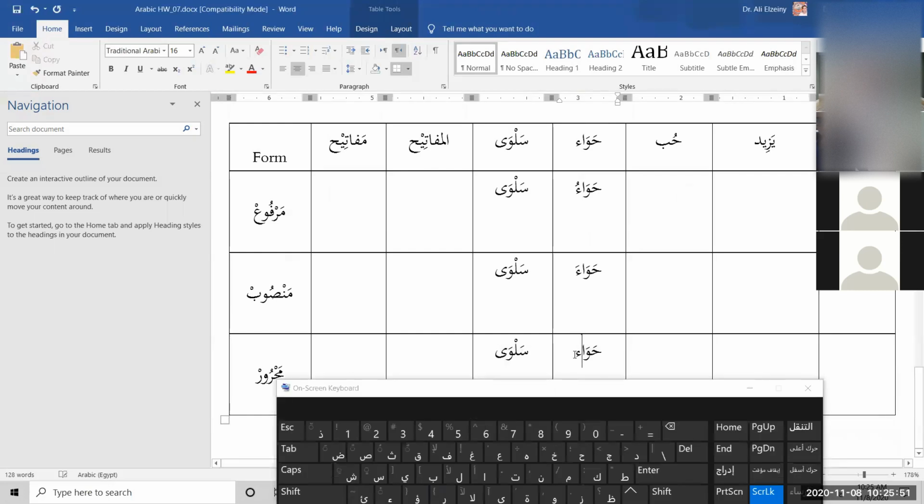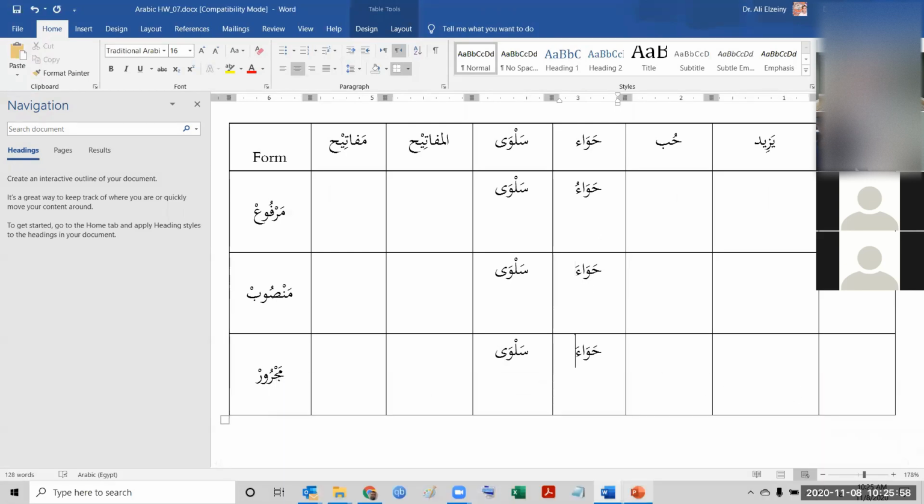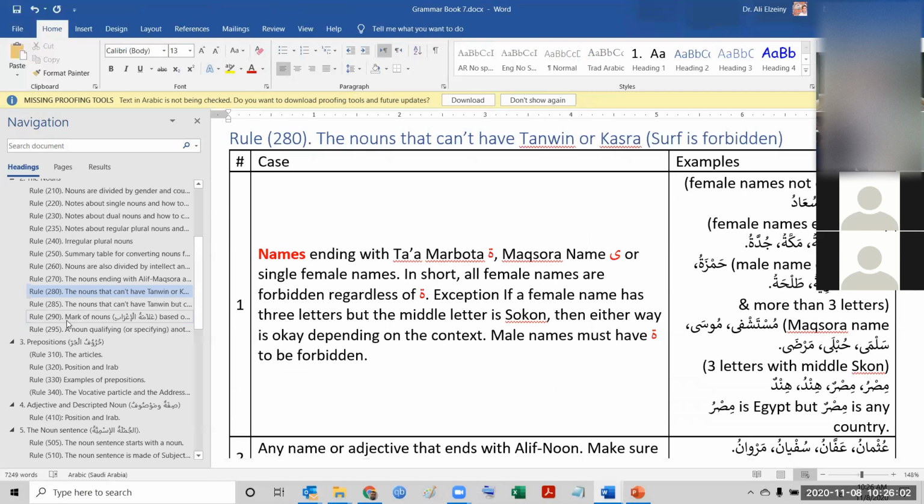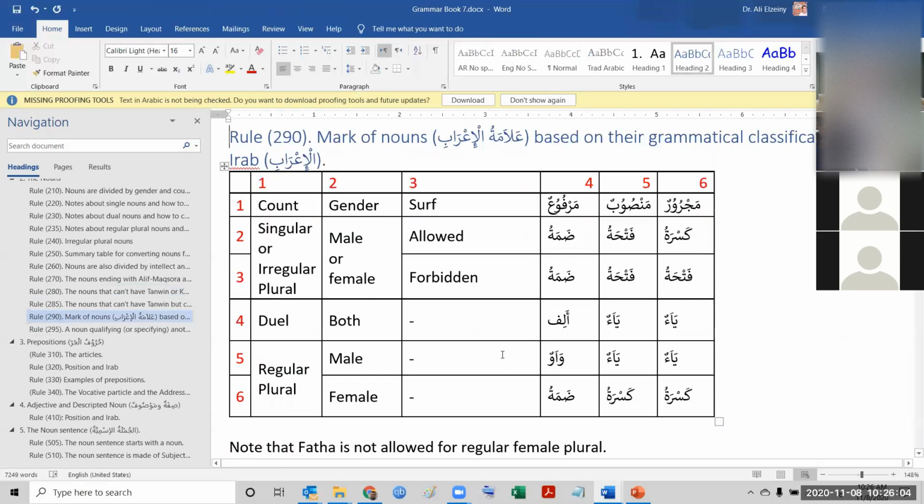Dhamma, fatha, fatha, just like what it says here. It says, when sarf is forbidden, dhamma, fatha, fatha.